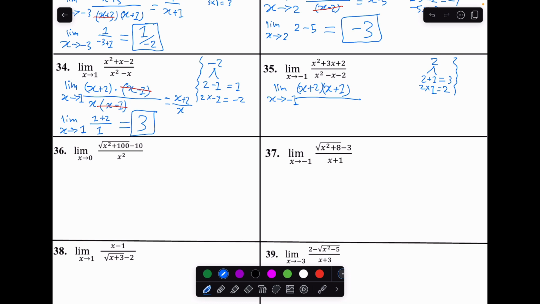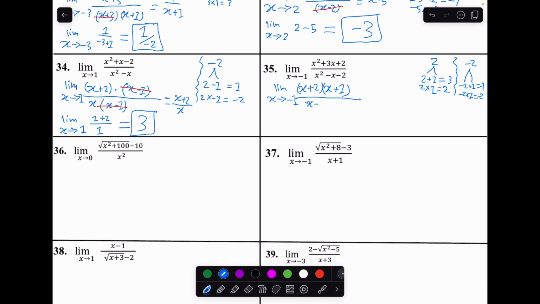We need two numbers. Their multiplication is negative 2 and their addition is negative 1. So let's try negative 2 plus 1 is equal to negative 1, and negative 2 multiplied by 1 is negative 2.